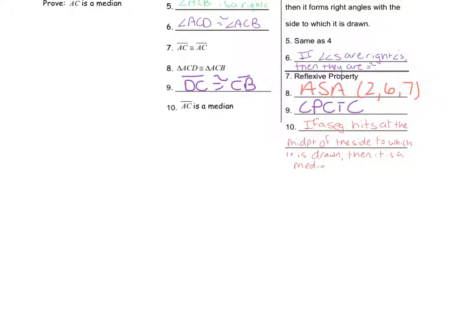And that's about it. So practice. Make sure that you know the definition of a median and an altitude, and practice your best you can with those long reasons. Good luck.